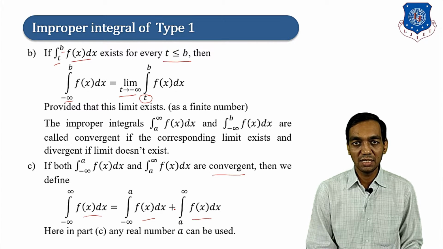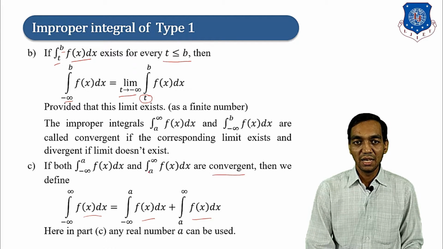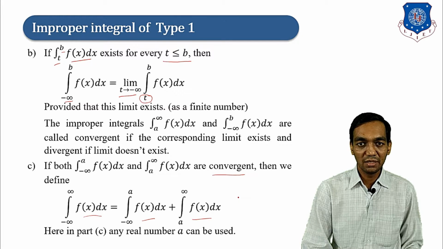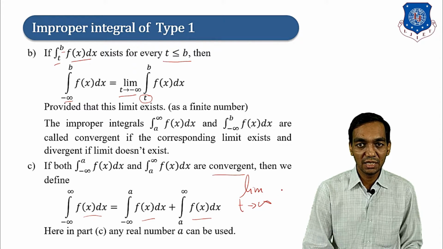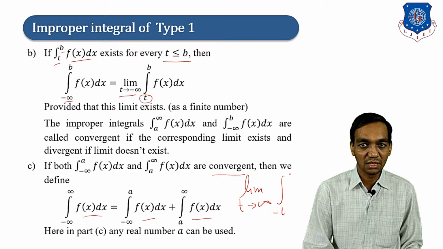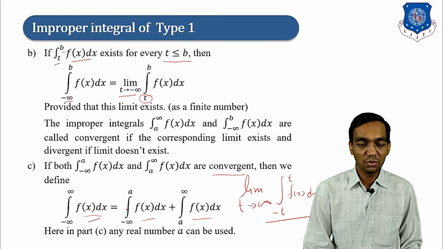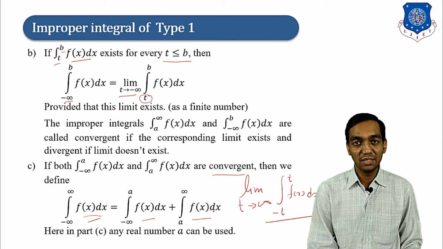If both integrals are convergent, then only your improper integral is said to be convergent. So please remember this thing, and you cannot write this in the form of limit t tends to infinity integration from minus t to plus t f(x) dx, because if you find this limit, the value is not going to be the same. You must divide it into two separate integrals.